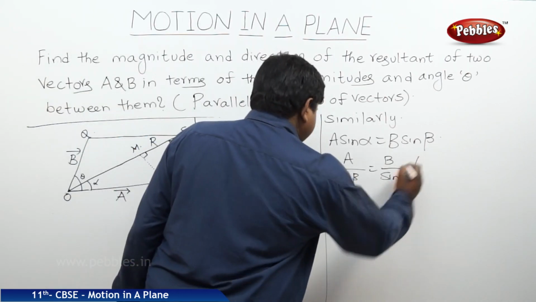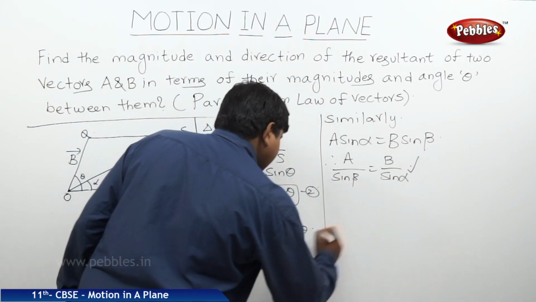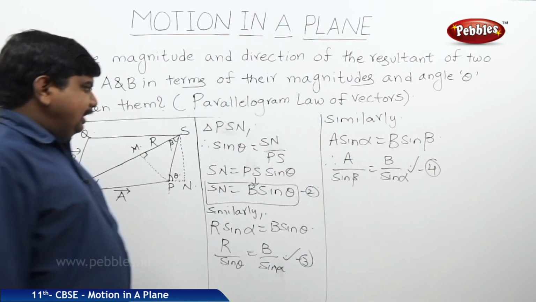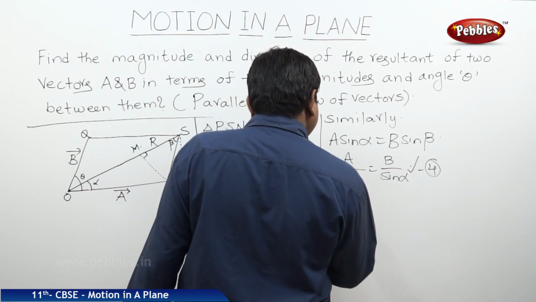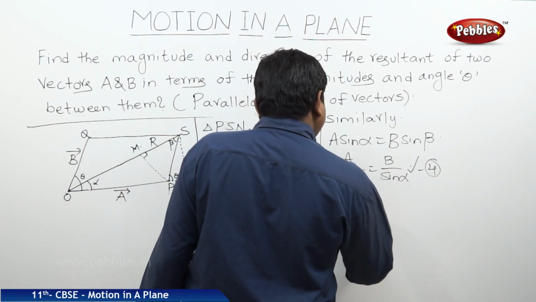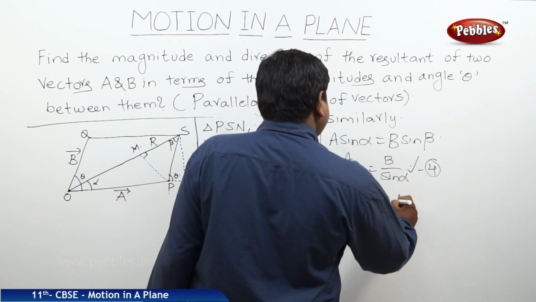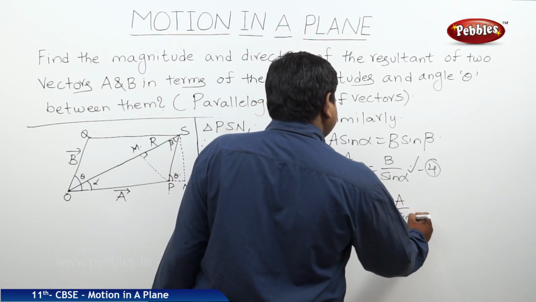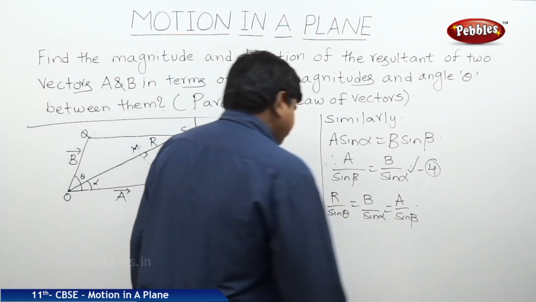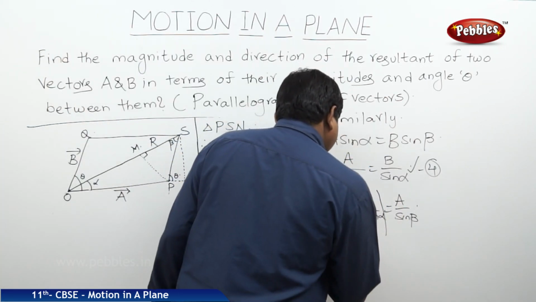So by comparing these equations 3 and 4, R by sin theta is equal to B by sin alpha is equal to A by sin beta. So from this, now I am equating these two.